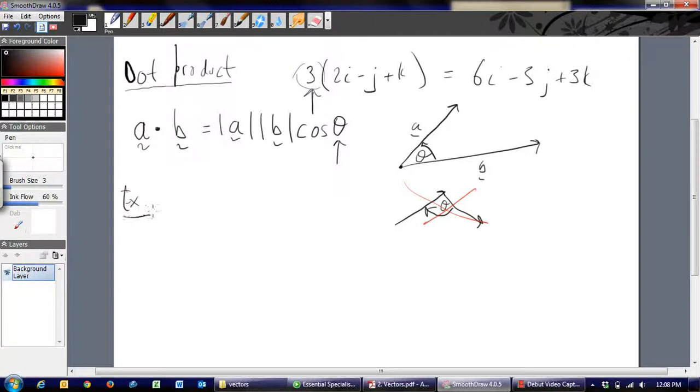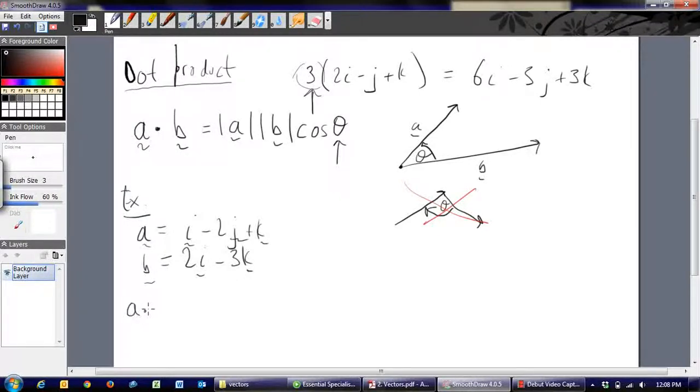Let's just do a quick example. Let's find the dot product of A equals i minus 2j plus k, and B equals 2i minus 3k, something like that. Don't forget your tildes, because I always do.